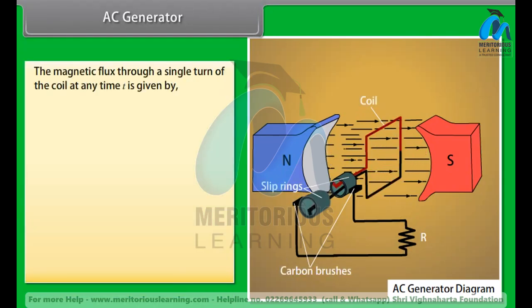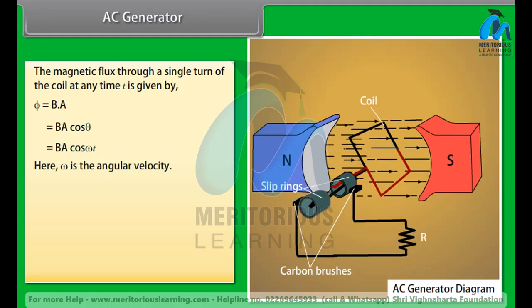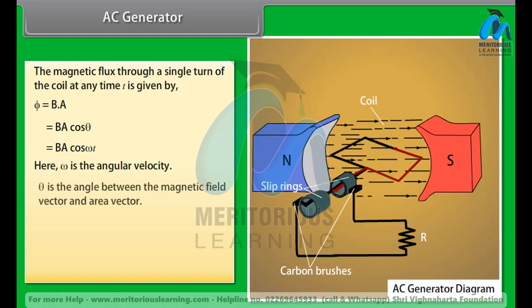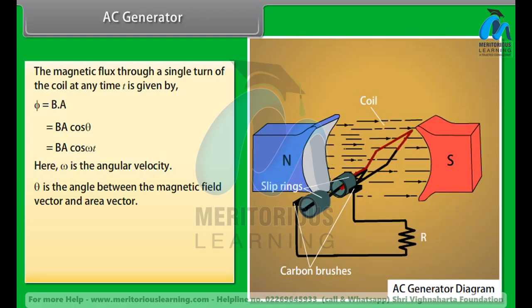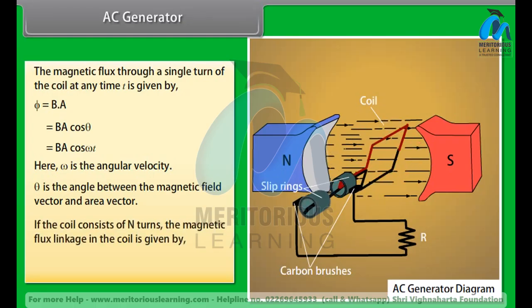The magnetic flux through a single turn of the coil at any time t is given by the dot product of B and A, which is equal to BA cos θ. It can also be written as BA cos ωt. Here ω is the angular velocity and θ is the angle between the magnetic field vector and the area vector. If the coil consists of N turns, the magnetic flux linkage in the coil is given by NBA cos ωt.